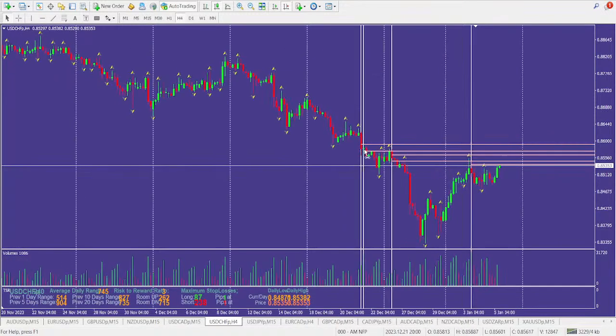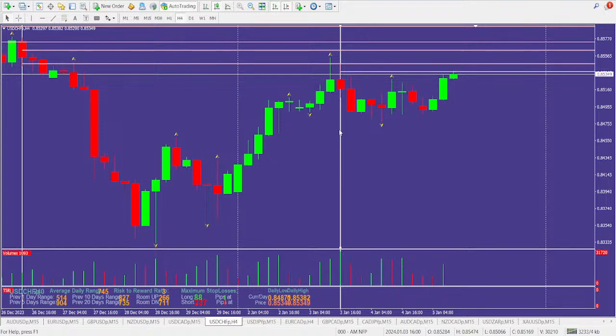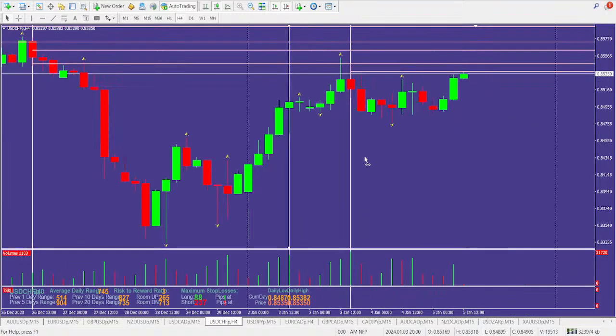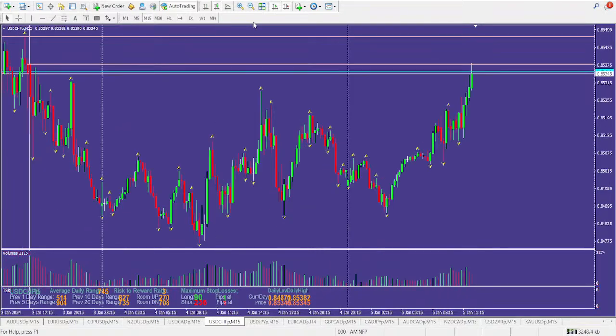So going back to the 4-hour time frame, we need to be looking for our most recent demand. So the next high volume spike where price pushed up is actually this level over here on December 2nd. So we will have a look at this level as a level of demand.